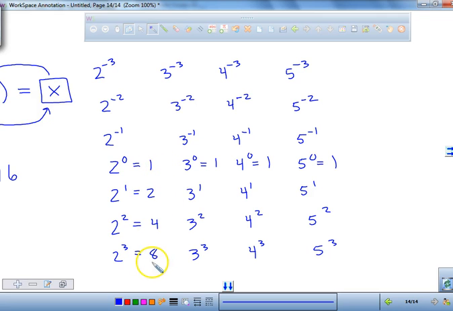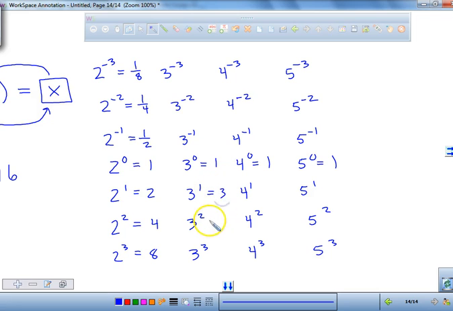So here's your pattern for base 2. If I say 2 to the negative 1, that becomes a half. 2 to the negative 2 is 1 over 4, and 2 to the negative 3 is 1 over 8. So basically, you guys see the pattern? I got a 1, a 2, a 4, and an 8, and then I have a 1/2, a 1/4, and a 1/8.